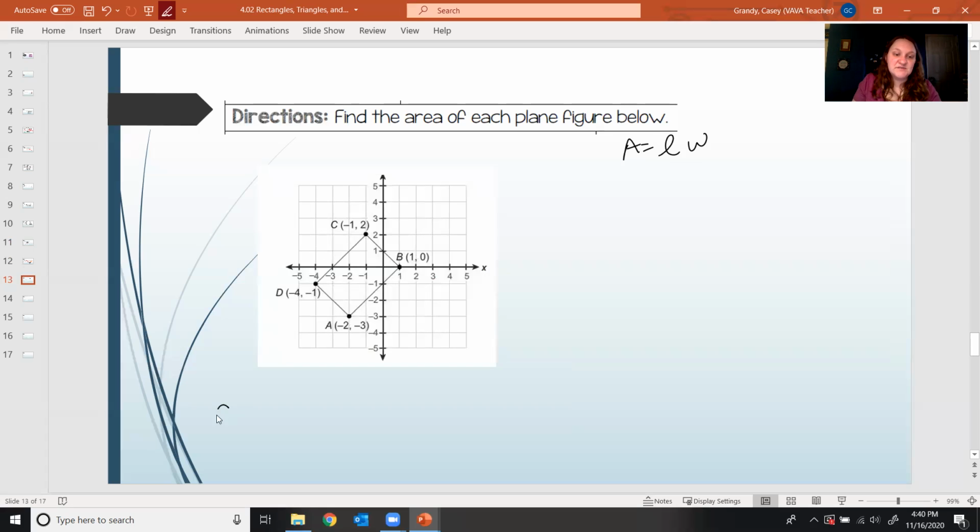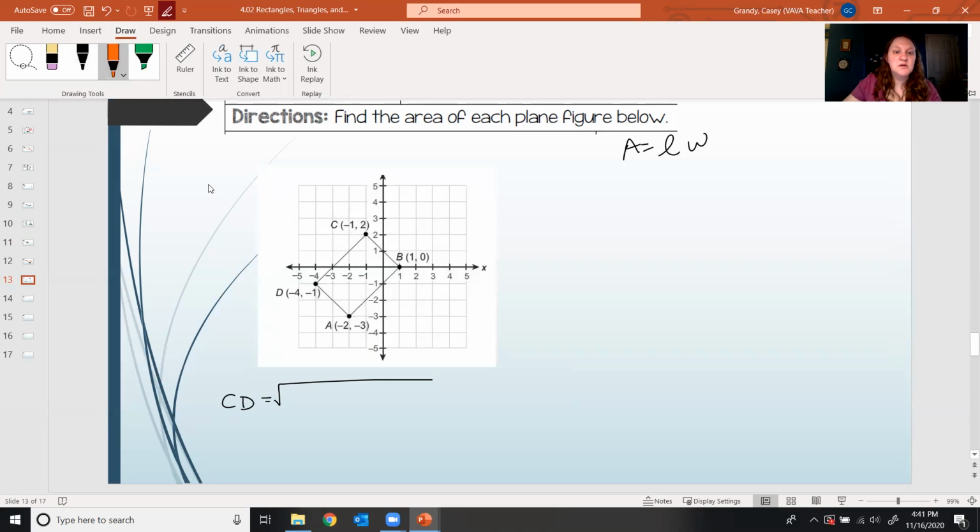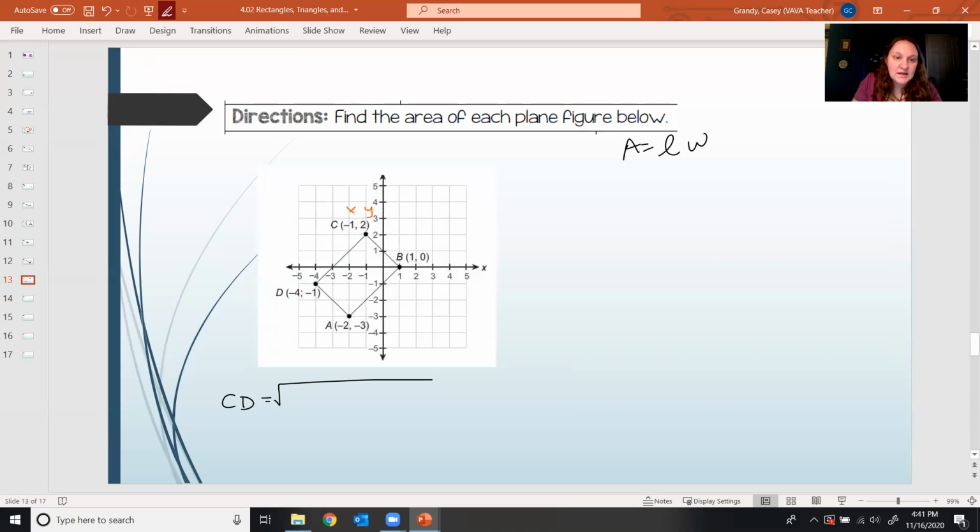So we're going to use the distance formula to find the length. Let's find the length of CD. I'm not going to call it lowercase d anymore. I'm going to call it CD because that's a distance. Let's label x, y, x, y. From the first coordinate, they get sub 1s. From the second coordinate, they get sub 2s.